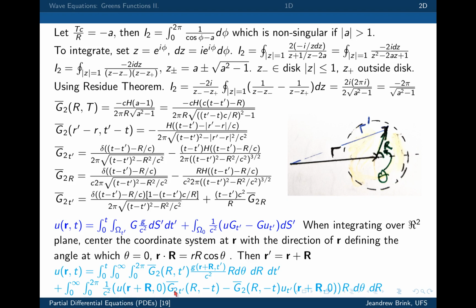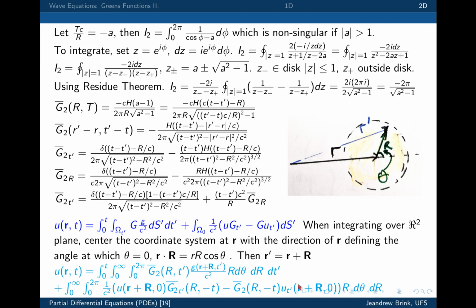Times the derivative of g evaluated at r at minus t, minus g2 evaluated at r at minus t ut, but once again evaluated at r plus big R times r d theta dr. So simple, straightforward steps, but crucial to know that the two arguments are different, and crucial to understand that we've now chosen our coordinate origin at the actual field point we want to know the answer at. And then the source point influencing it is just in this cone around it.